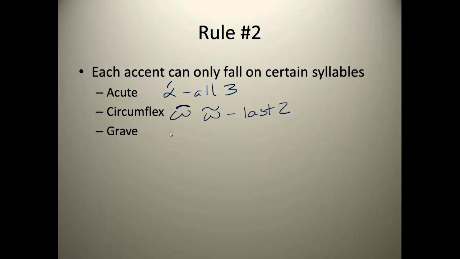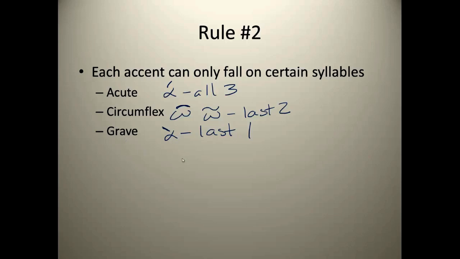And then the grave, which looks like this, points the opposite way of the acute, can only be on the last 1. And just a little rule about the grave, if the accent is on the final syllable and there is another word that follows, that's when you'll use the grave.